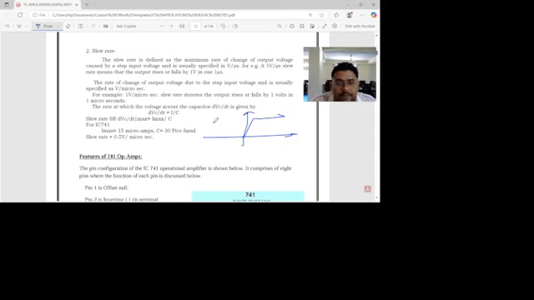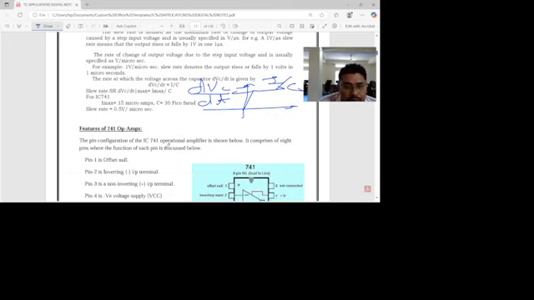So how do we calculate the slew rate? It is the change in output voltage over the change in time, which is nothing but the current divided by the capacitor value. The maximum slew rate in the case of an op-amp is about 15 volts per microsecond.